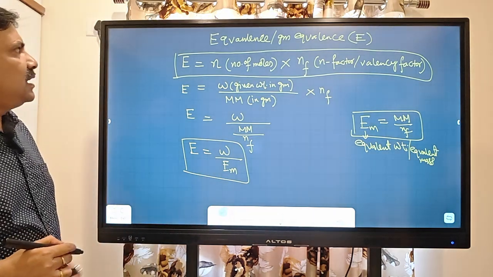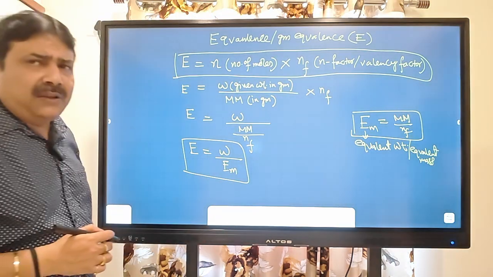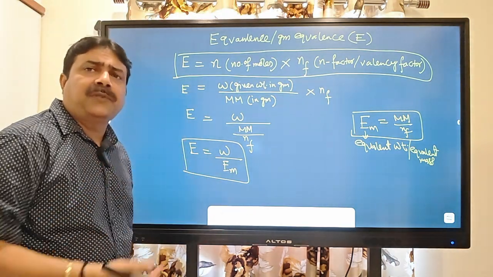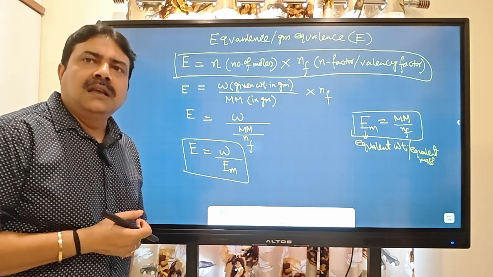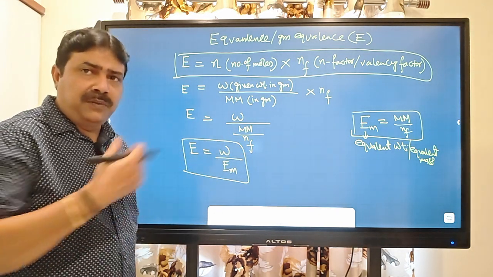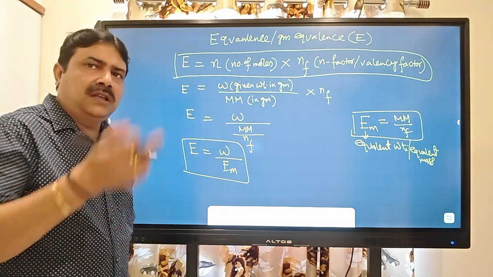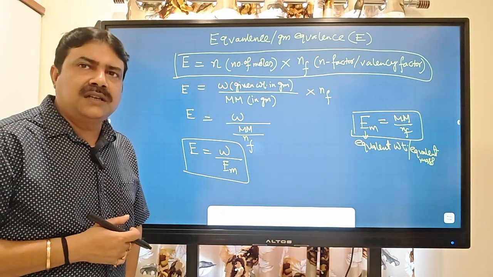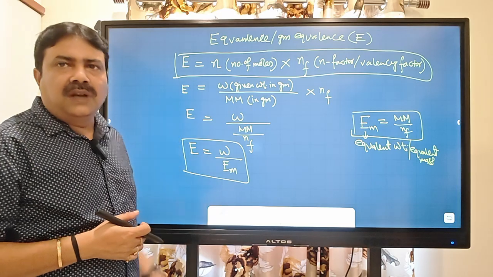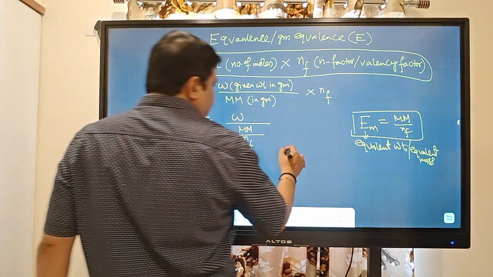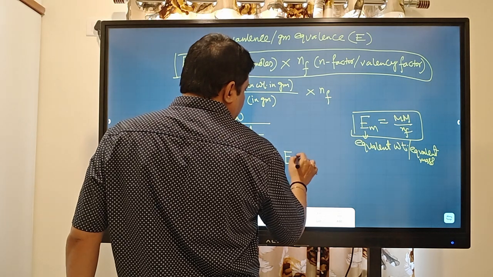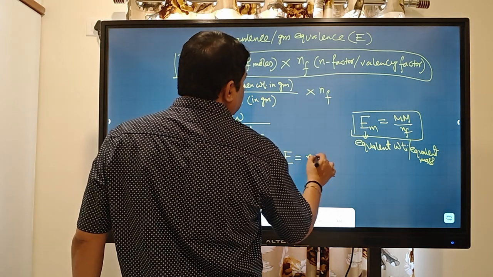Again, I can change this when I discuss titration-related problems, especially for JEE Advanced, like iodometric titrations, iodimetric titrations, or redox titrations in the redox chapter; then this equivalent concept will come into the picture. Even so, equivalence equals, I told you, number of moles into n factor.